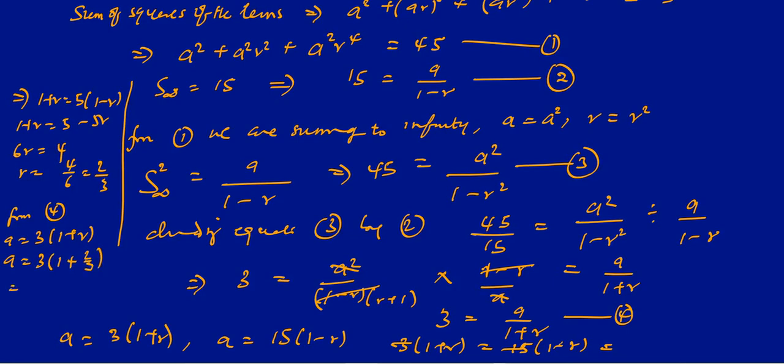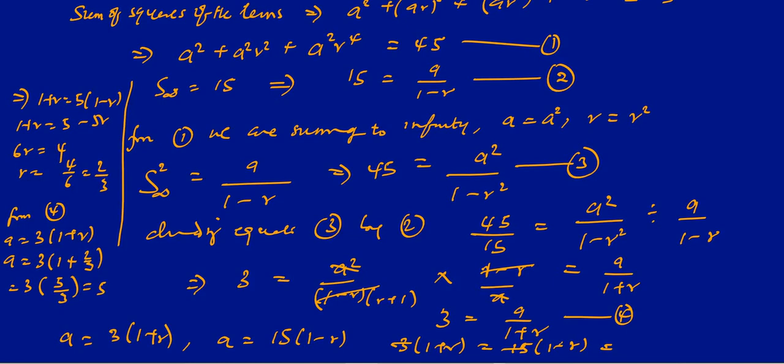This will be equal to 3 bracket 5 over 3. This is 5. So A is 5 and R is 2 over 3.